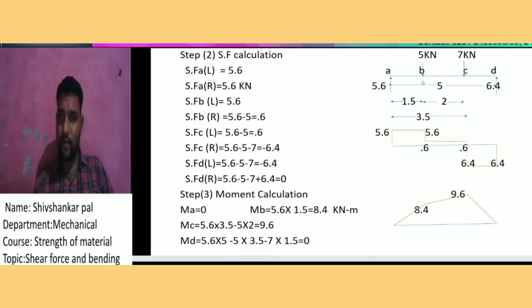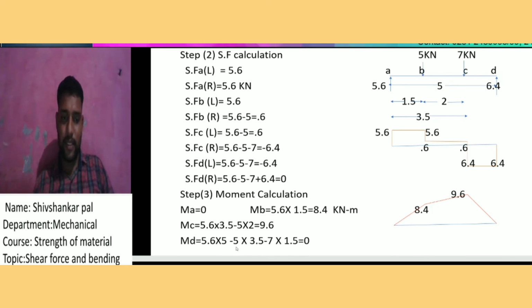The 5 kN force tries to go anti-clockwise about point D. The distance from point D to the 5 kN force is 5 minus 1.5, which is 3.5, and 3.5 into 5 kN is the moment, but it has a negative sign because it rotates anti-clockwise. And for the 7 kN force, the moment at point D is anti-clockwise rotation, so it takes a negative sign: 7 into the distance 1.5.